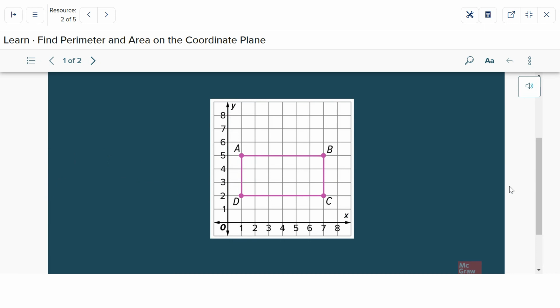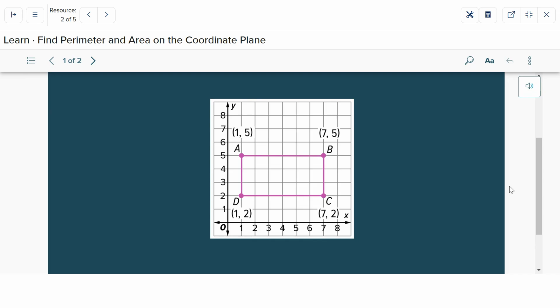The graph shows rectangle ABCD with vertices at 1, 5, 7, 5, 7, 2, and 1, 2. To find the perimeter of the rectangle, start by using the coordinates to find the distance between 2 points. The distance between 2 points gives the length of the side.